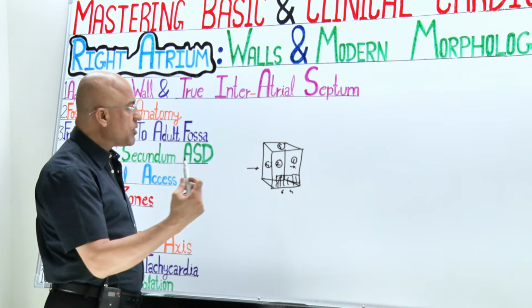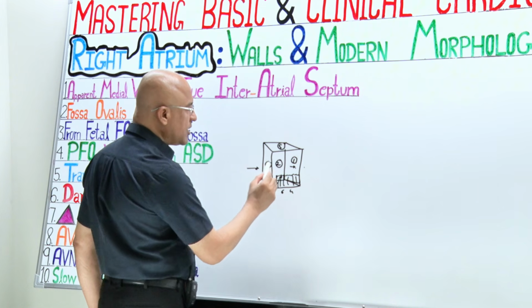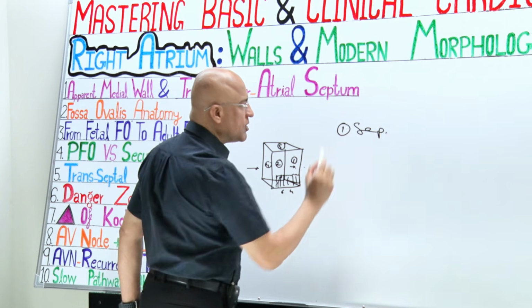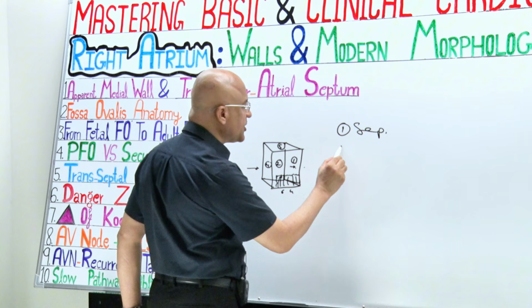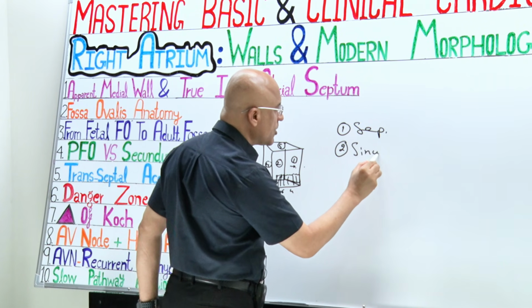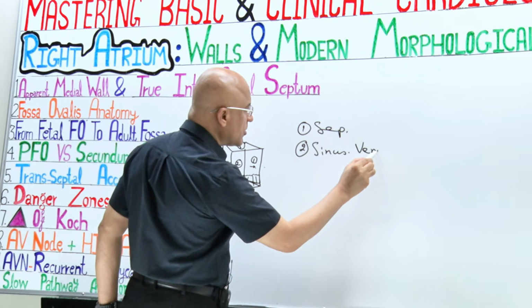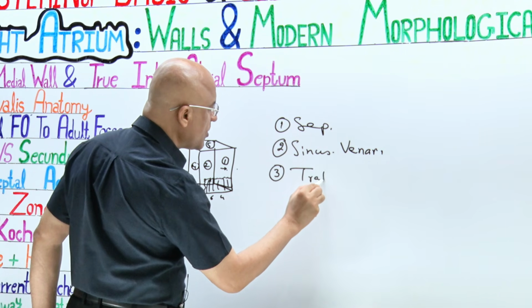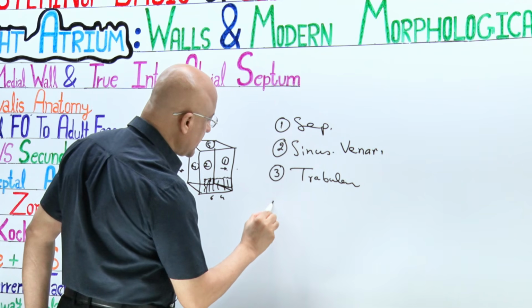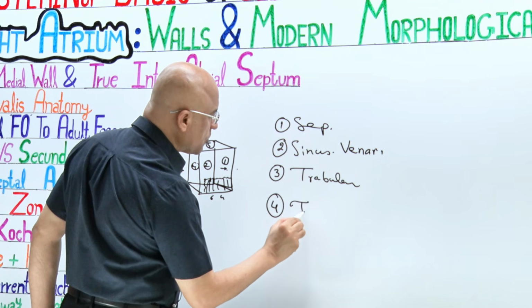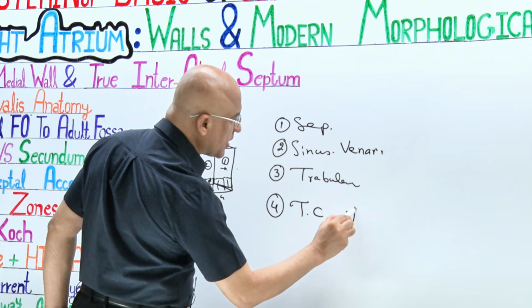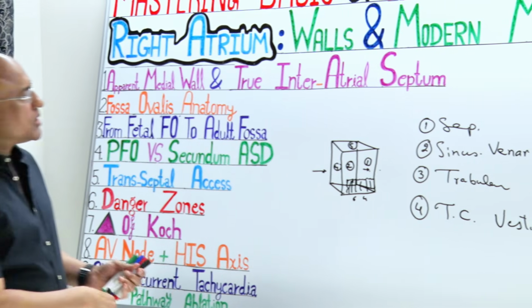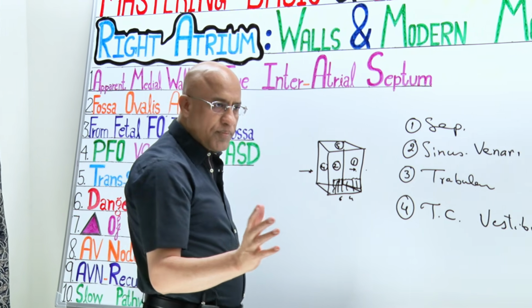We say there is the septal region, then the sinus venarum, then the trabecular region, and then the tricuspid vestibular region, right?